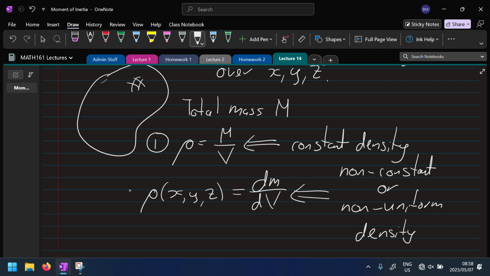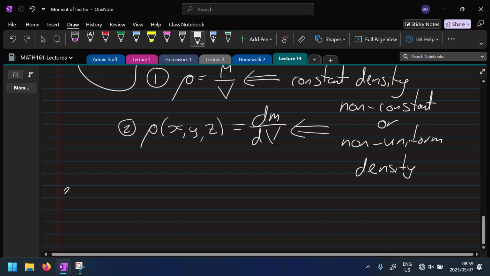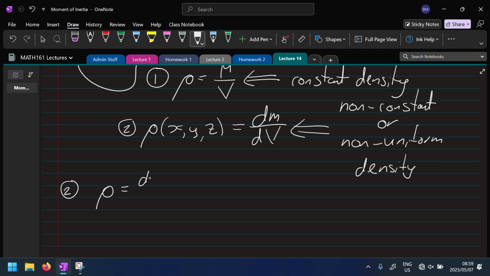So that's number one and number two. Number one is pretty easy to do. We'll look at examples with that. Number two, it's a bit more difficult, so let's have a look at that one. For number two, we're going to have rho is equal to dm by dv. I'm not going to write the x, y, z, but you know it's a function of x, y, and z.